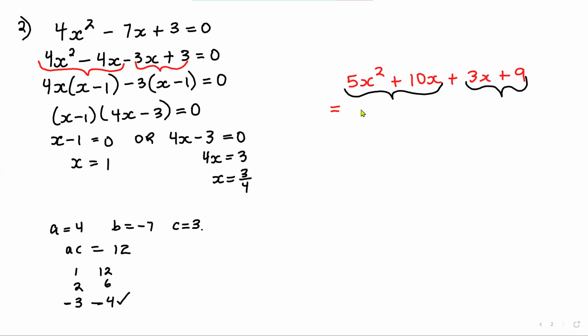I can't remember. Honey, 5 and 10. What number could go into both 5 and 10 without leaving a remainder?